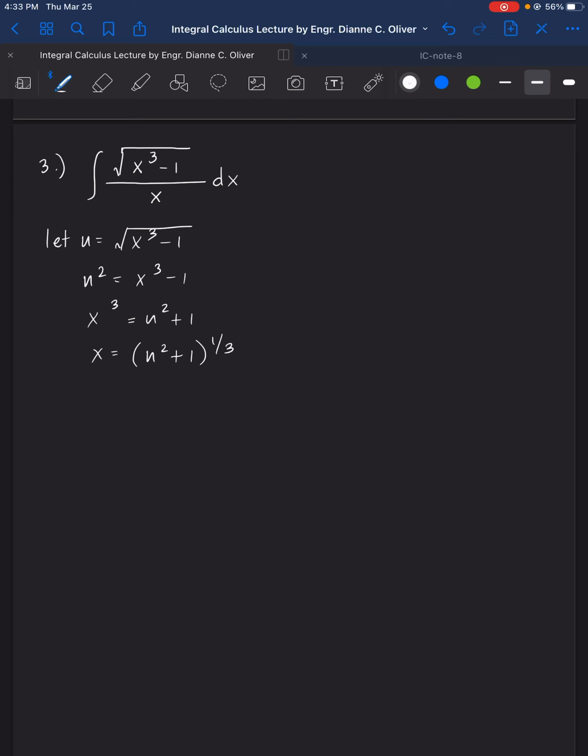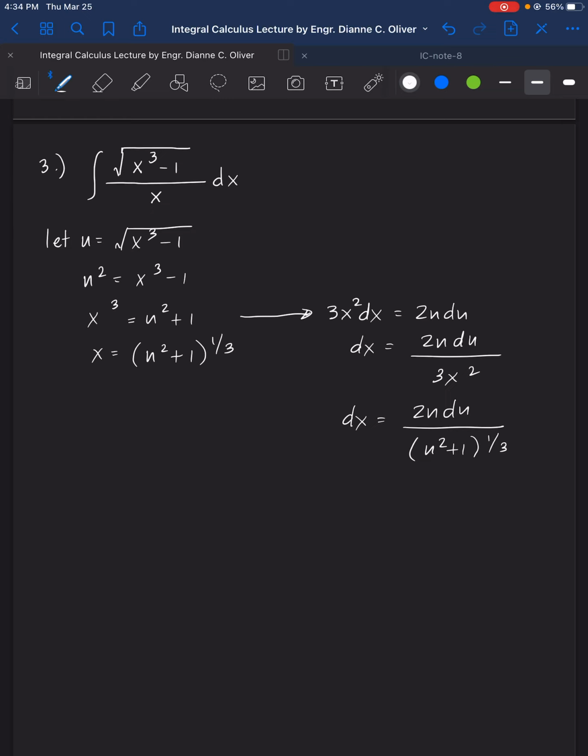Then for the dx, you can find it here. 3x squared dx is equal to 2u du. Then dx is equal to 2u du all over 3x squared. And dx is now equal to 2u du all over, the value for x, u squared plus 1 raised to 1/3.